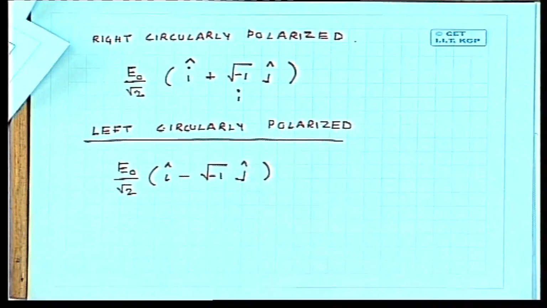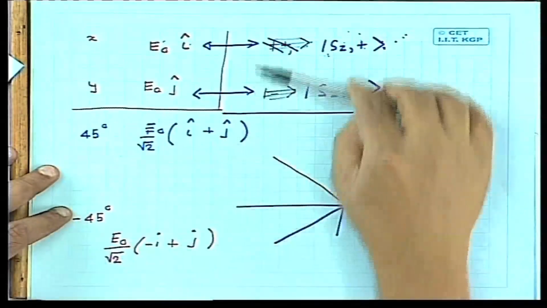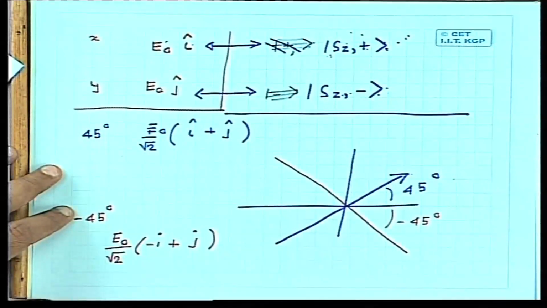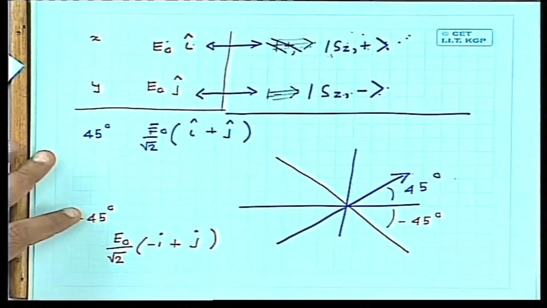Any arbitrary polarization state of light can be represented as a superposition of either these two states, or these two states, or these two states. So they form a set of basis vectors for representing the polarization state of light.